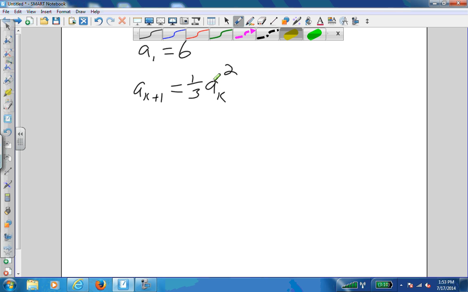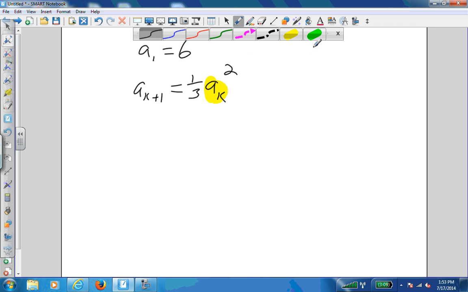So this notation means my new element, a sub k plus 1, is going to be based on the previous element, a sub k.